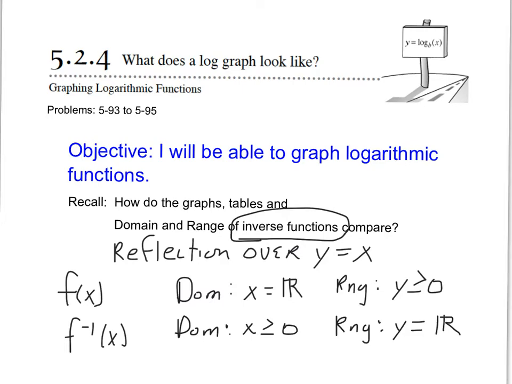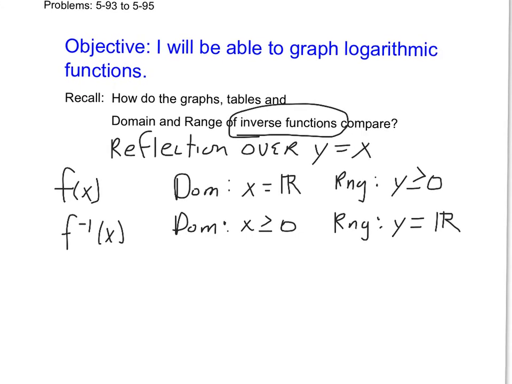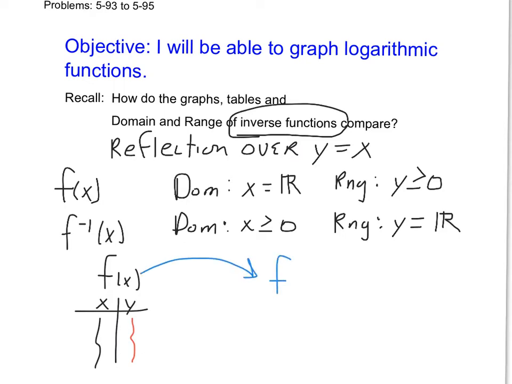The tables, if this is f of x, and here's the x, and here's the y, here's our values over here, and let's just use a different color, and here's our values for y, then the inverse, f of negative x, the domain, or our x values and y values, are swapped.